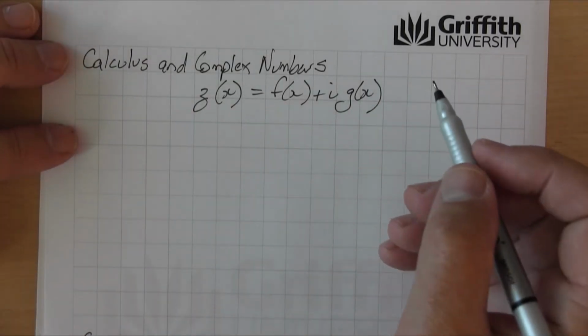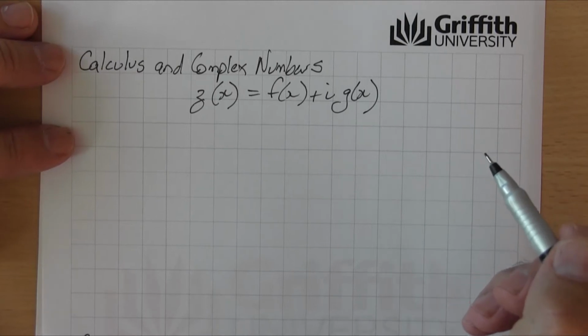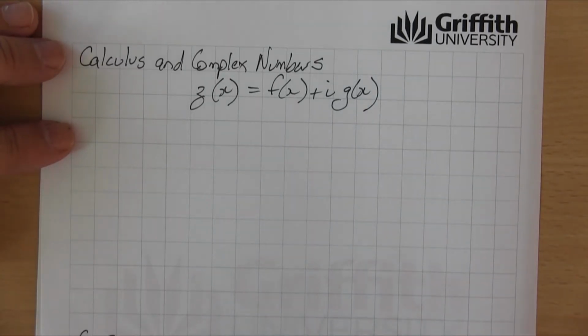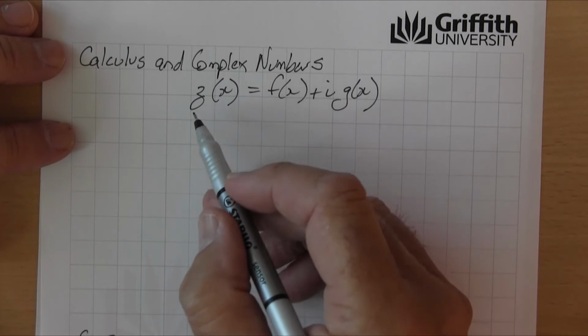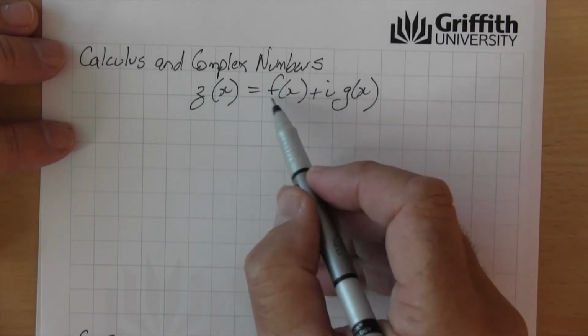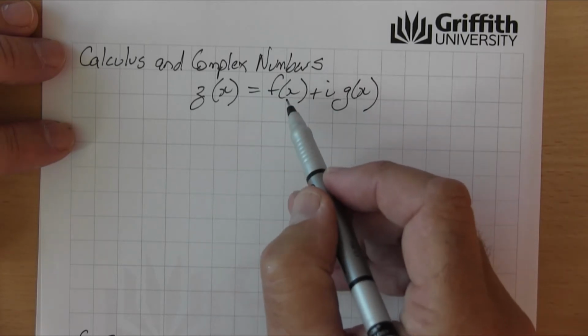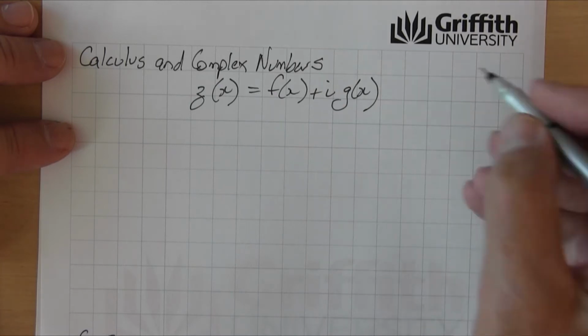When we do the calculus of complex numbers, the rules are very similar to what we've encountered so far when we're doing the calculus of real functions. So if we define a complex number z of x as being made up of a real and an imaginary part, the real is a function of x, the imaginary is a function of x.